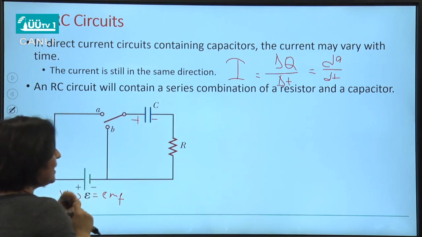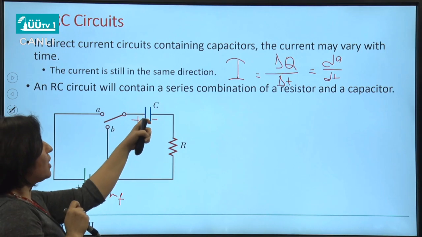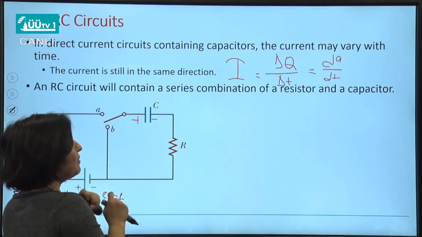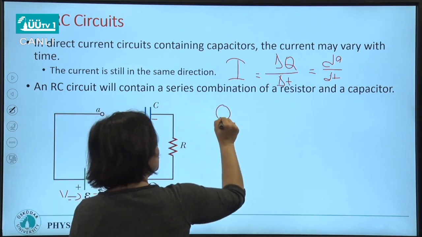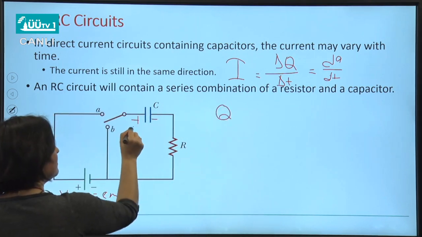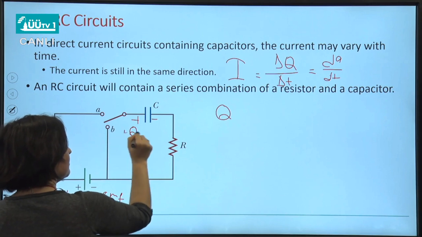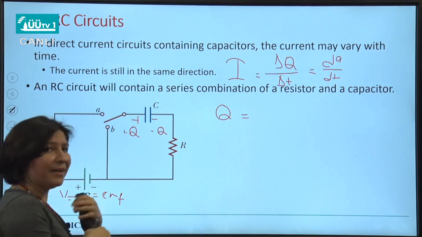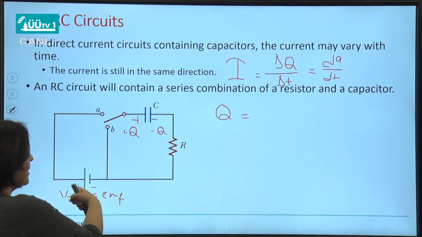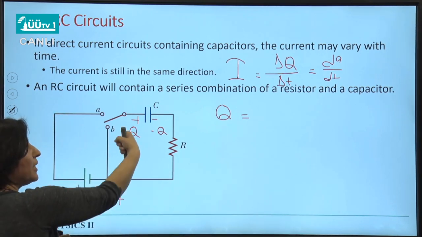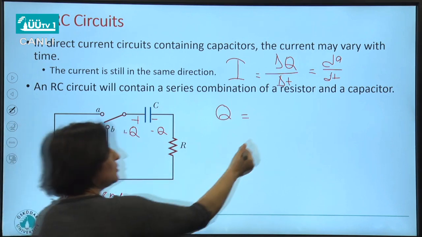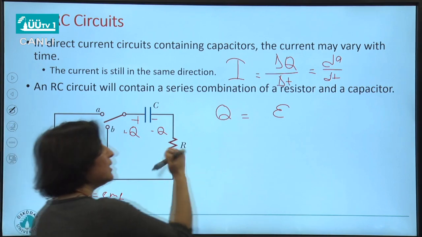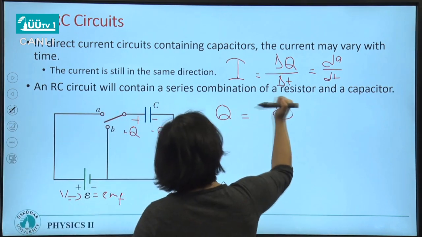Now, what about the charge which accumulates on the plates? If we think about the charge Q on each plate, it will be directly proportional to the EMF source which we connect to the capacitor.